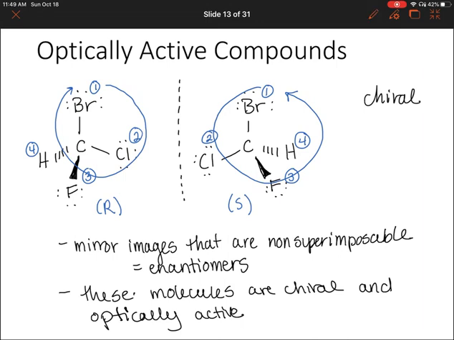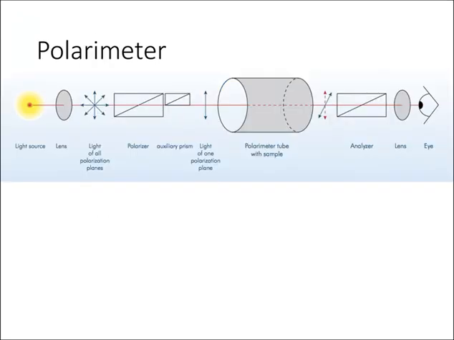Now, how do we determine how much of a rotation these molecules can perform on light? Well, we use something called a polarimeter. This is an instrument that we use to measure the rotation of light for a particular sample.